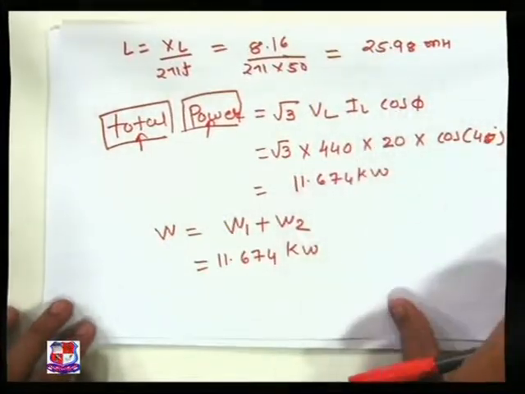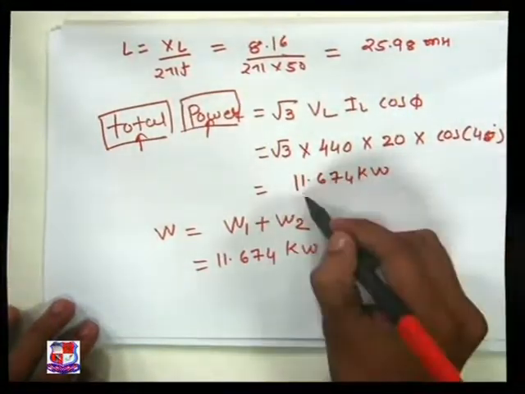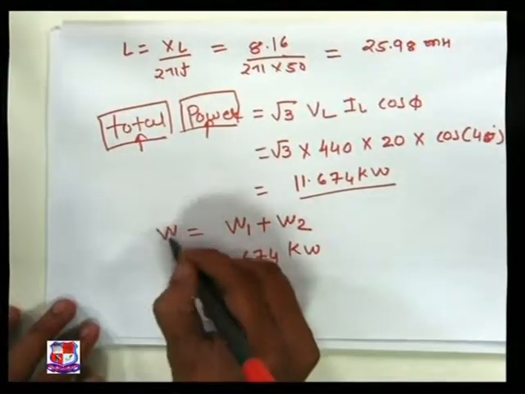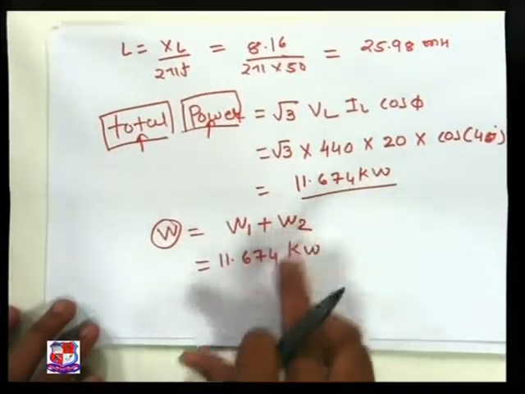It is always given by the equation root 3 VL IL cos phi. So we get the total power W equal to W1 plus W2. Then the 2 wattmeter readings for measuring power, as in my last section.